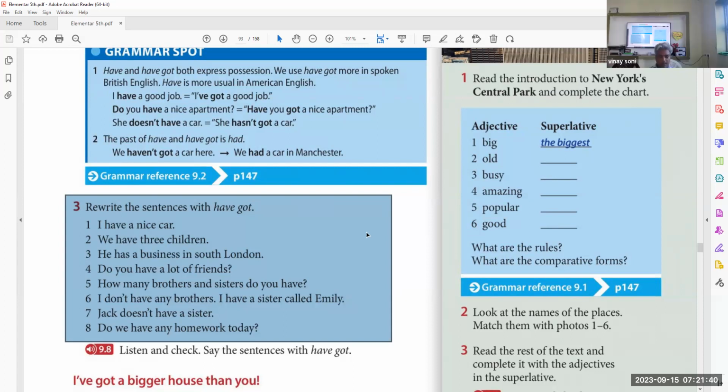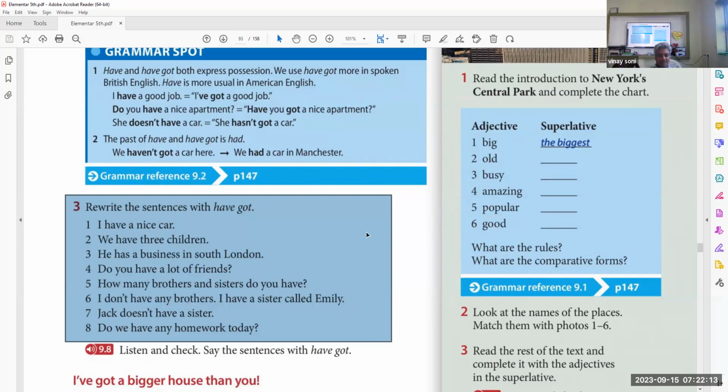Have we got any homework today? Jack doesn't have a sister. Jack doesn't have got a sister. Oh, nah, Akhilesh, nah. Akhilesh got it wrong. He said doesn't have got. The correct sentence is Jack hasn't got a sister.